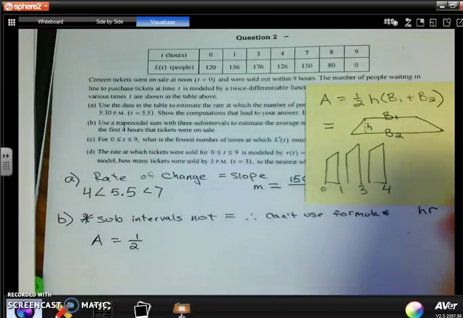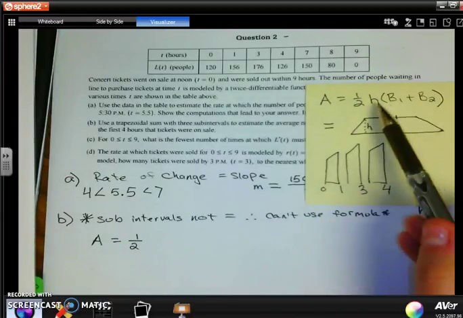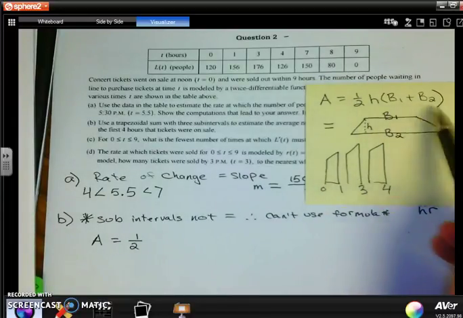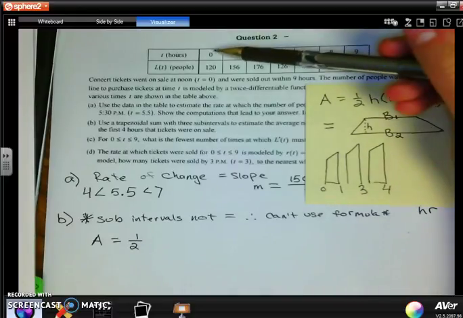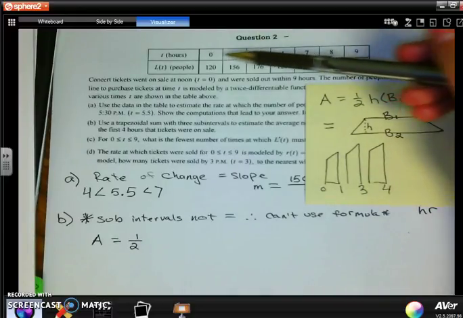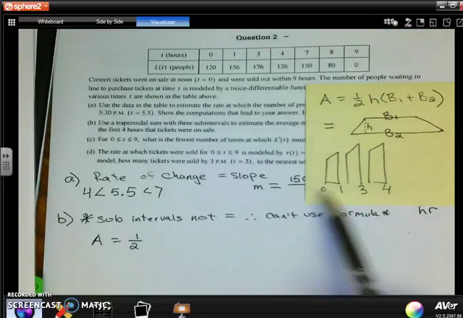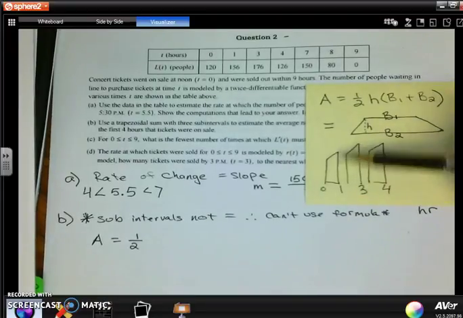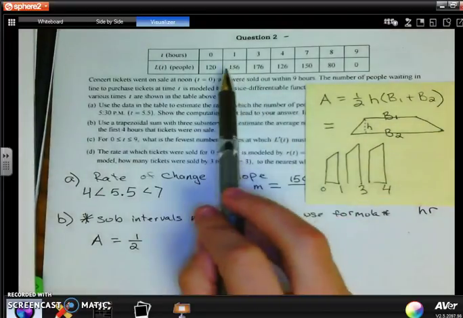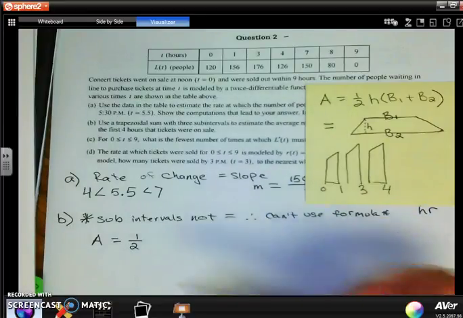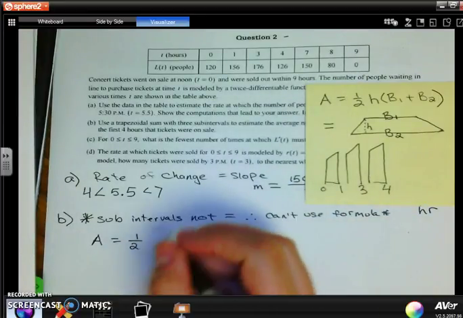Okay, so I'm going to have that 1/2 from this formula. Now, again, this is the formula you're kind of thinking of, but remember, the height of this trapezoid is going to be each subinterval. So from 0 to 1, that height will be 1, right? Because that's the height of this trapezoid right here. And then the base 1 plus base 2, that's what I'm going to have to use these numbers for. So I'm actually going to have to put those together.